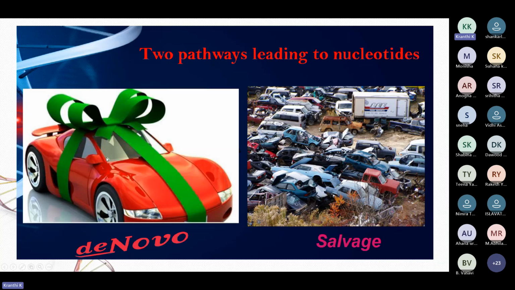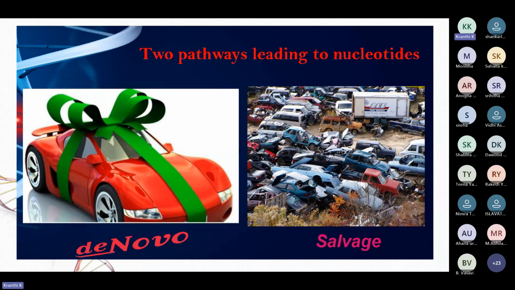What is de novo? De novo means we are creating the purine and pyrimidine on our own, adding the nitrogen group using glutamate, or using some glycine, or aspartate, or some formyl or methyl group, or using some carbon dioxide. Different compounds are contributing to the creation of new purine or pyrimidine.